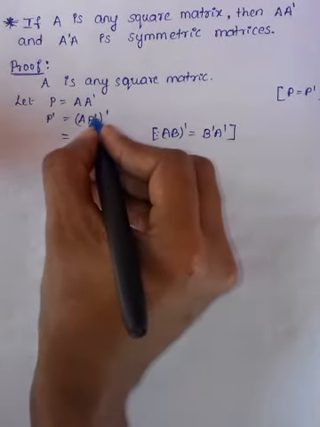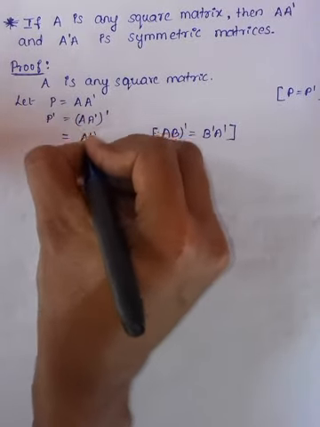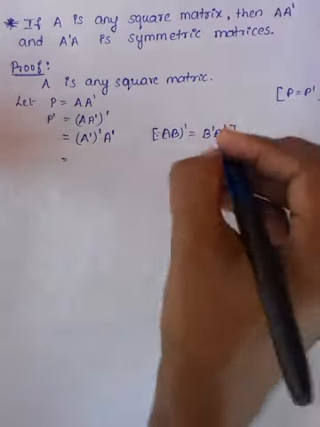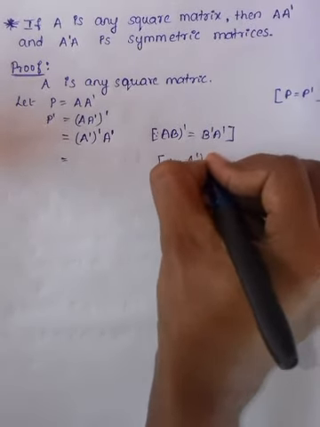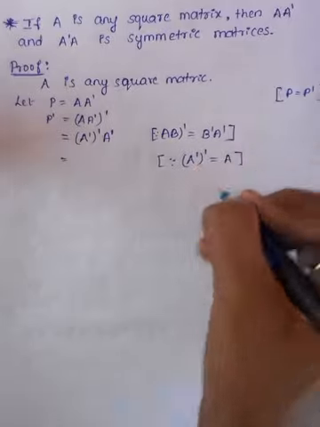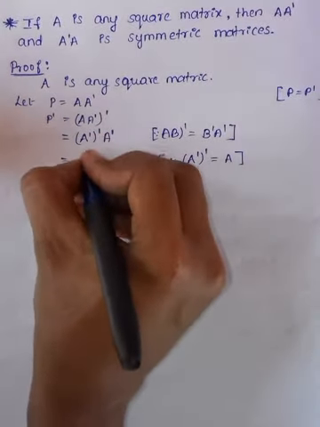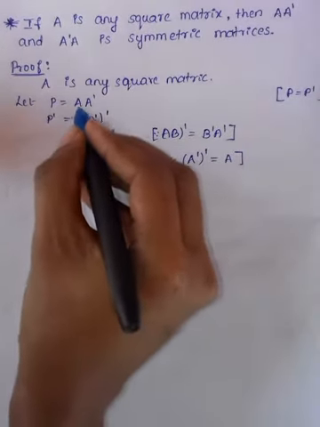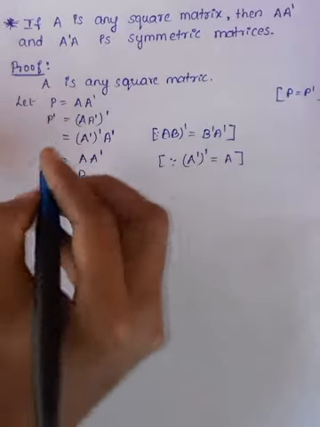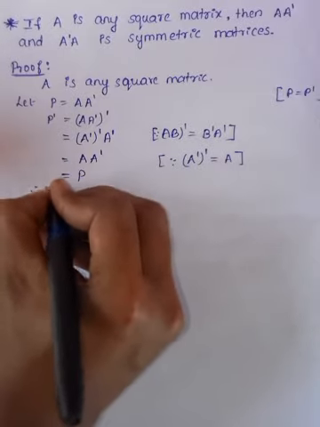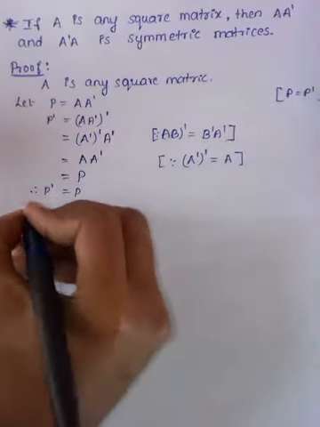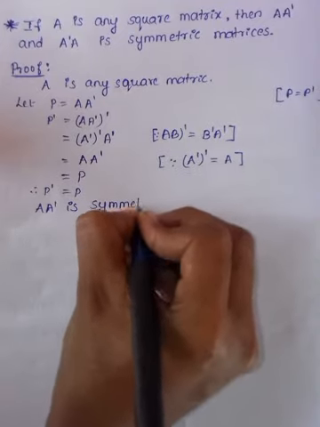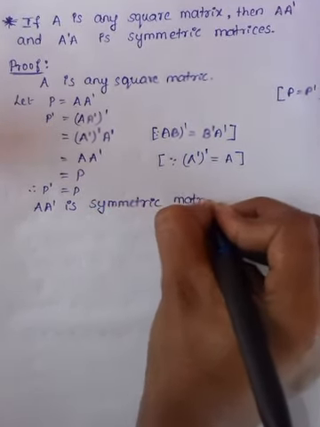So here A into A transpose whole transpose is A transpose whole transpose into A transpose, and there is another property, A transpose whole transpose equals matrix A. So it is A into A transpose, which is our P. Therefore, P transpose is equal to P, which shows that A into A transpose is a symmetric matrix.